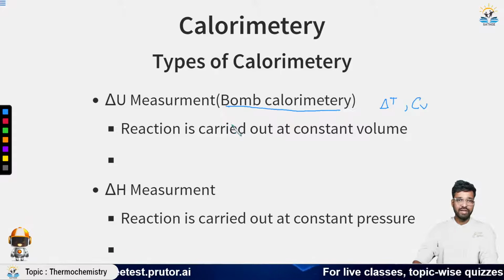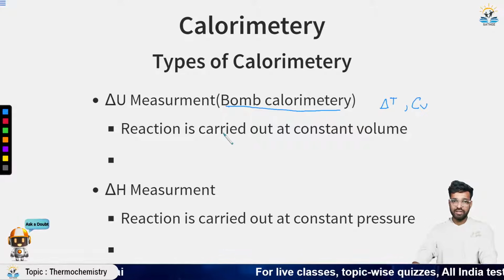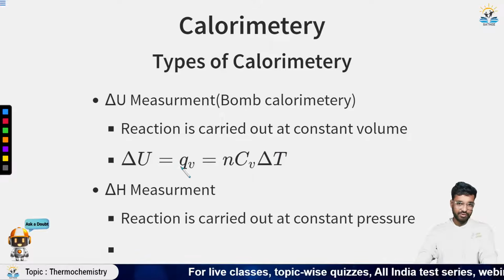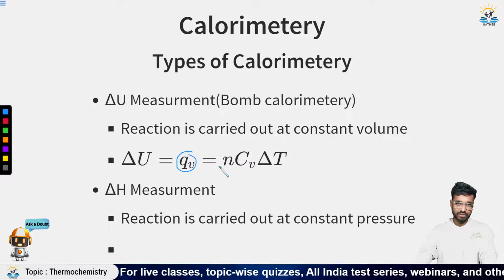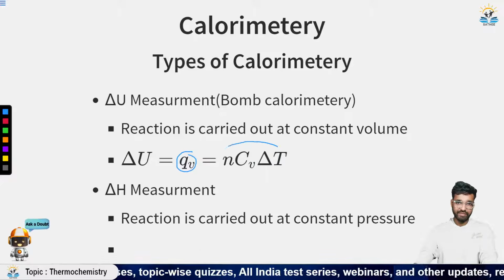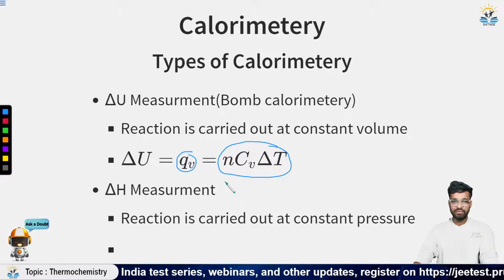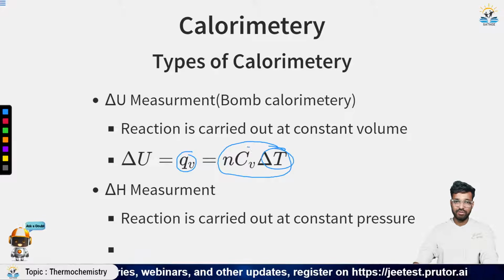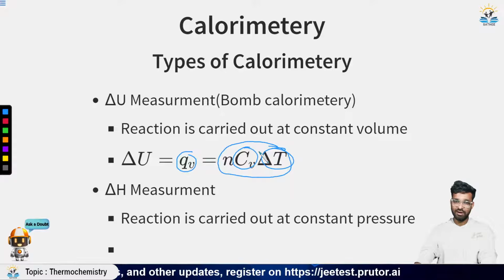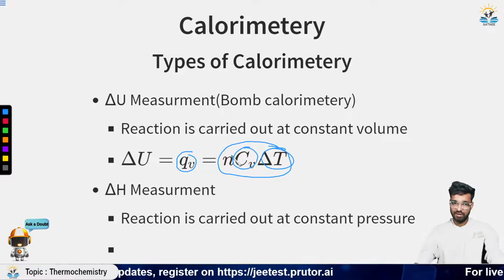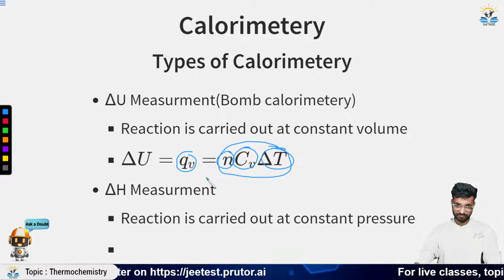Now how do we calculate delta U? We know the formula, it's very easy. It is simply delta U equals QV equals n CV delta T. So this is a simple formula. We know delta T, we know CV, and since we are carrying out the reaction, we must be aware of how much substance we are taking.